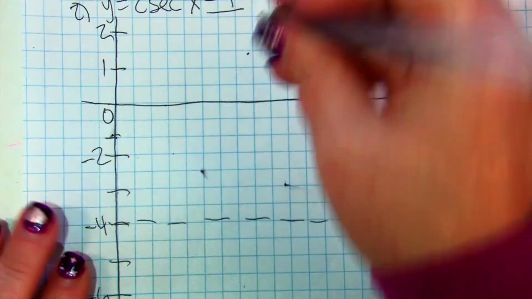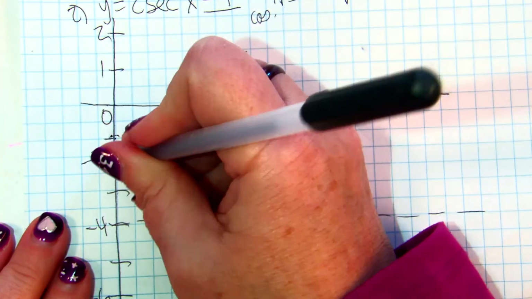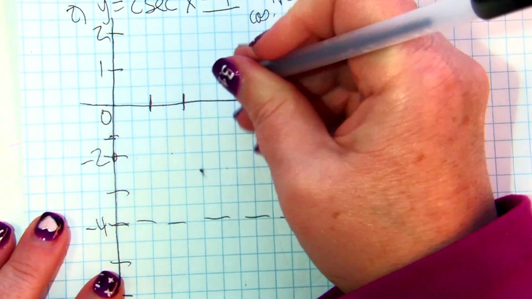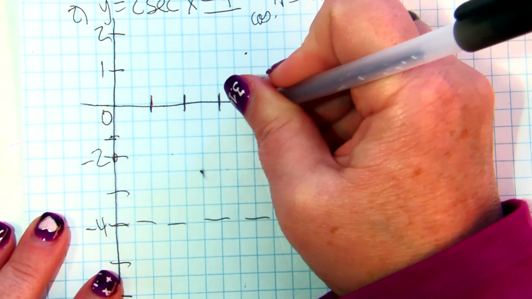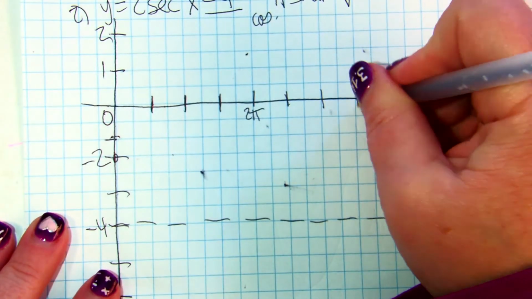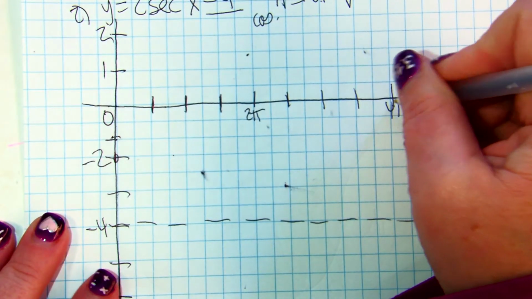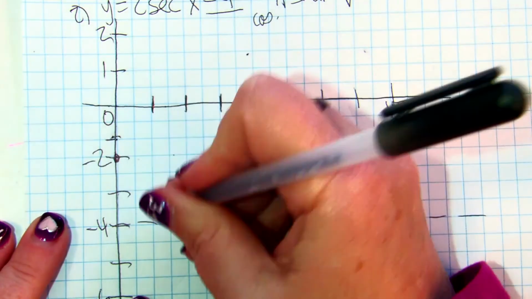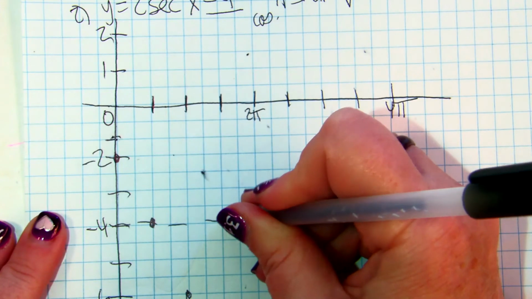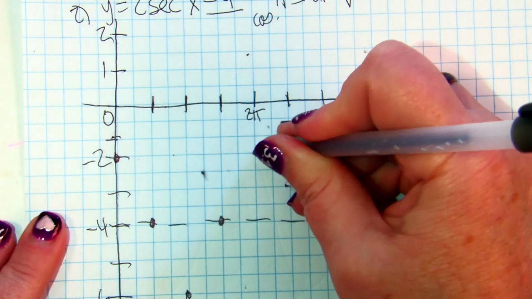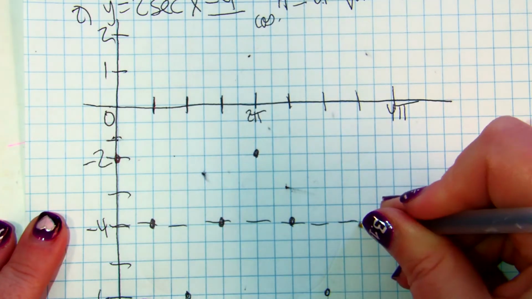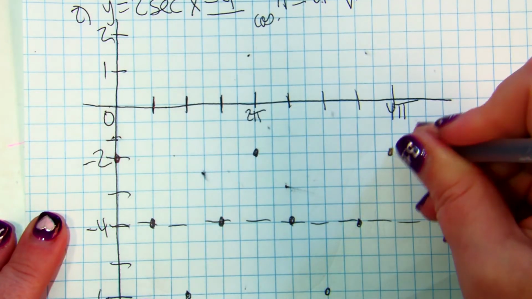It's secant, so that means it's cosine. Cosine starts up, right? Here, let's draw these. 2 pi, 4 pi. Okay, so we start up and down and up and up and down and down and up and up.